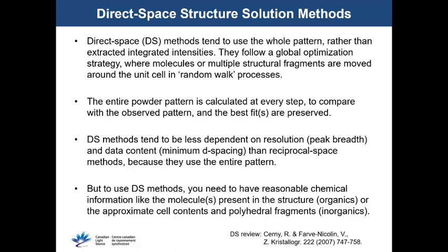You have to have some chemical information. For inorganics, typically what you need is the elemental composition and the expected coordination polyhedra that you believe will be present in the structure. For organics, you typically have to have reasonable starting models for all the molecules that are present in the structure.